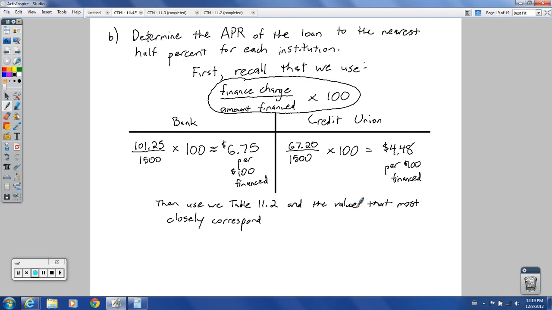Grammatically, I'll say find the values that most closely correspond to these values. And by these values, I mean this one and this one.